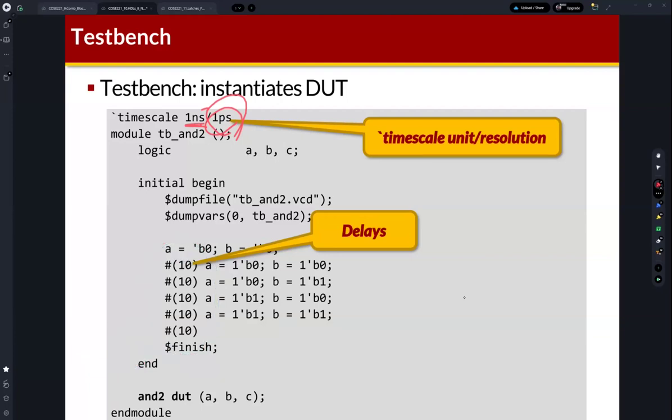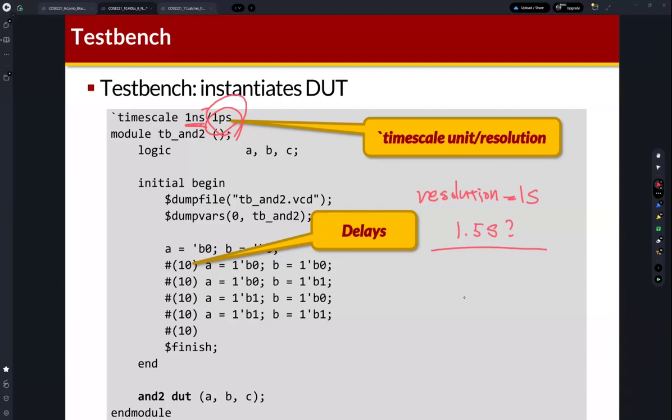For example, if our time resolution is 1 second, right? Then can we represent 1.5 seconds?